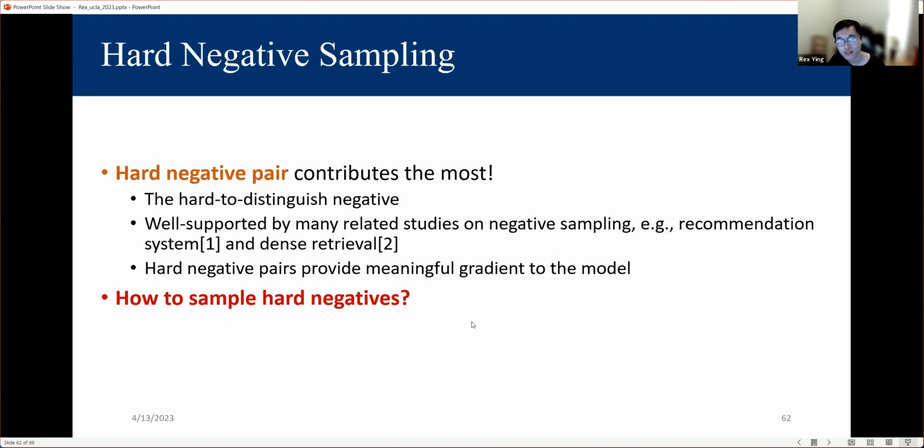And what people realize is hard negative pairs are very important. By hard negatives, we mean negative examples that look somewhat similar to the positive, to the sample or to the query, but not that similar. So it's relatively harder to distinguish these hard negatives from the positive examples. Those really pose a challenge to the model and help the model gain good performance.